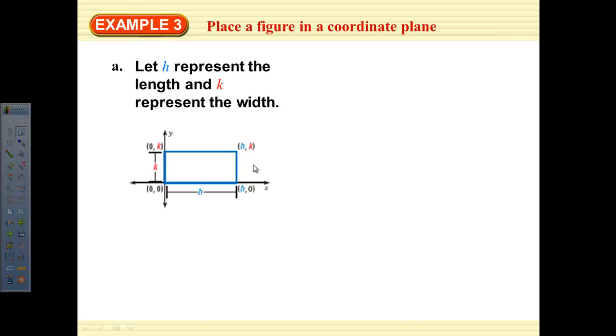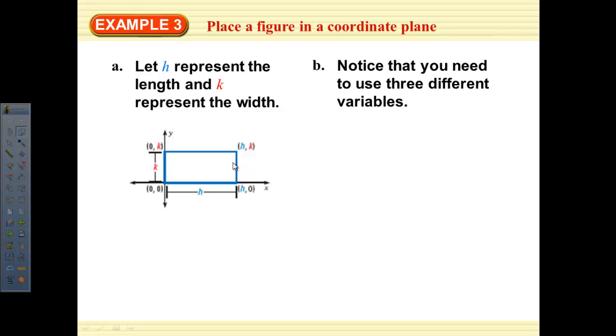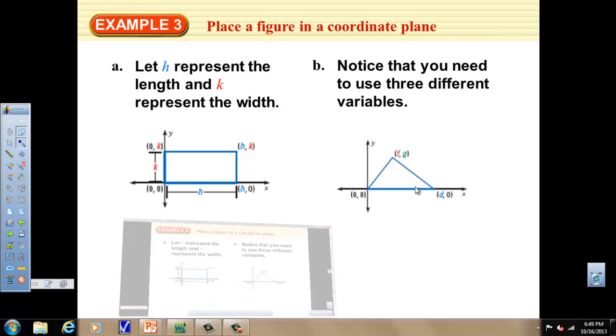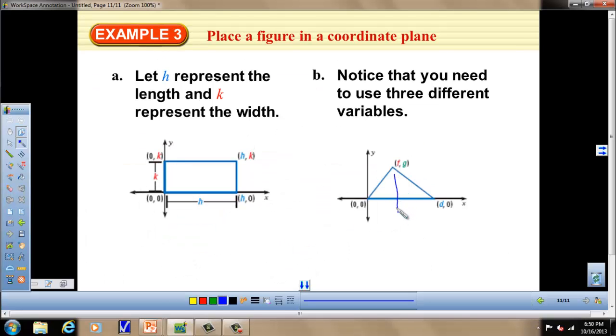Similarly, if we had a scalene triangle, we would have to use 3 different variables. So we would put one corner at 0, 0. We would make this length right here d, so this would be (d, 0). And again, let me show you this real quick, the distance from here to here would be f, and the distance from here to here would be g.